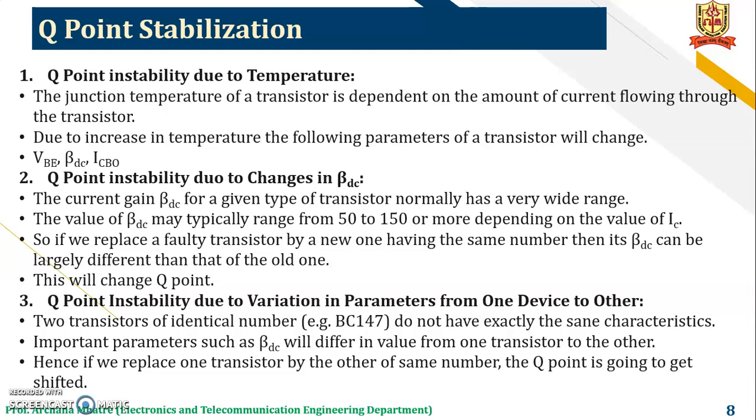Two transistors of identical numbers, for example BC147, do not have exactly the same characteristics. Important parameters such as beta DC will differ in value from one transistor to the other. Hence, if we replace one transistor by the other of the same number, the Q point is going to get shifted.